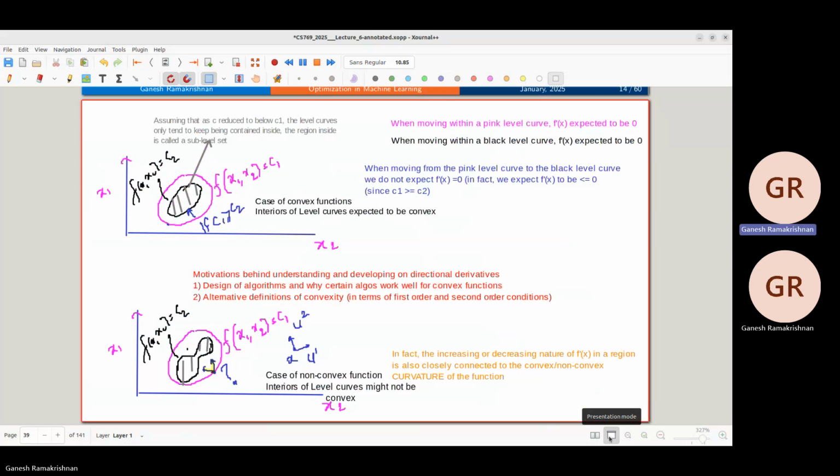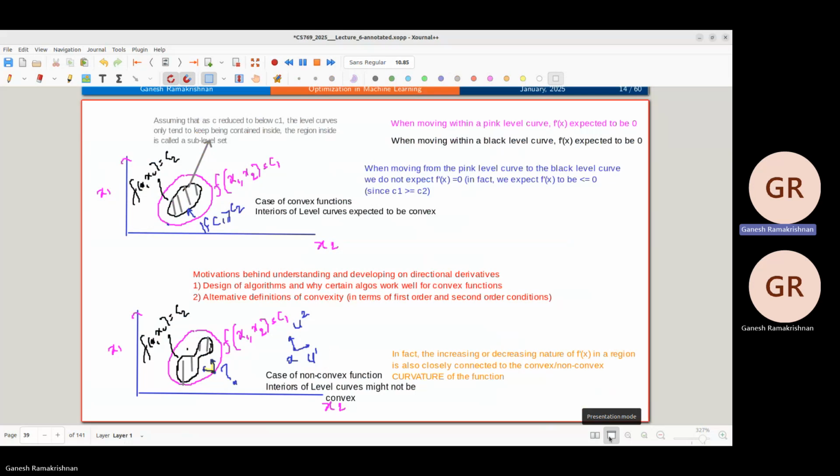the gradient, a question to you: what would be the gradient at a point here on the pink curve? In what direction will it be pointing, going by the argument we just had some time back? It should be pointing outward.